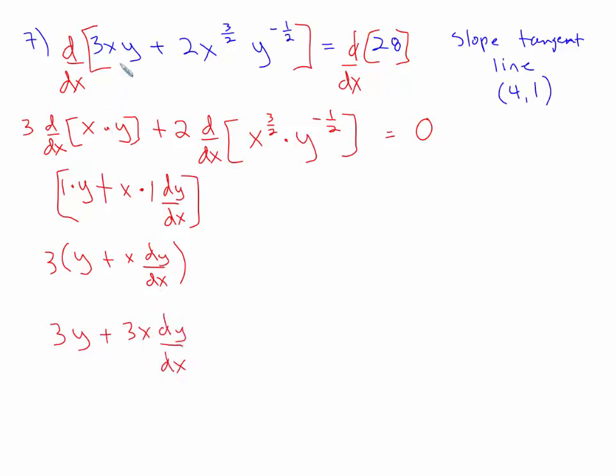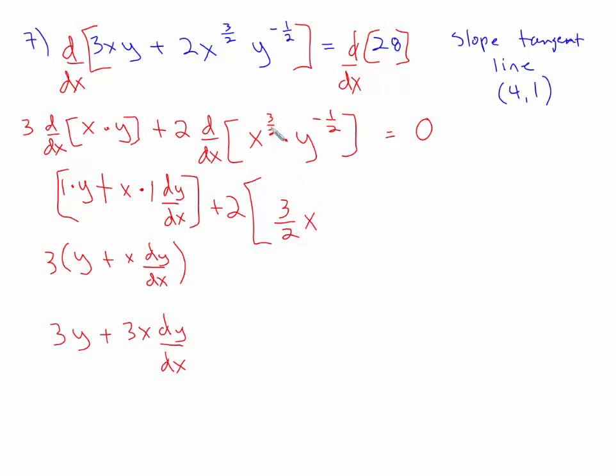Okay, so I've just derived this part right here. Now we'll move on to this. So we have the plus 2 right here, and then I'm going to set up all this. This is our first function, second function. So product rule says I take the derivative of this, and this is an x, so it's just power rule.